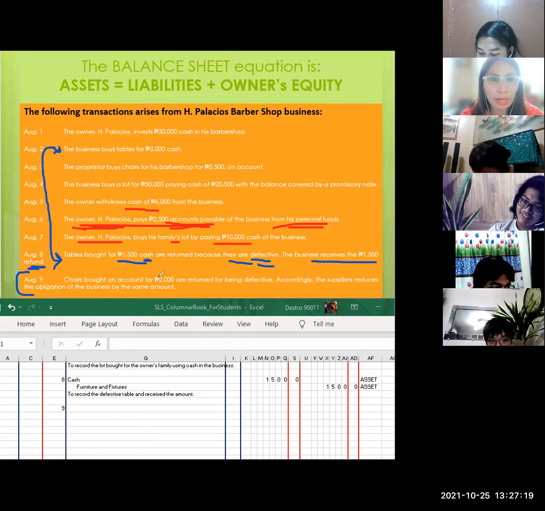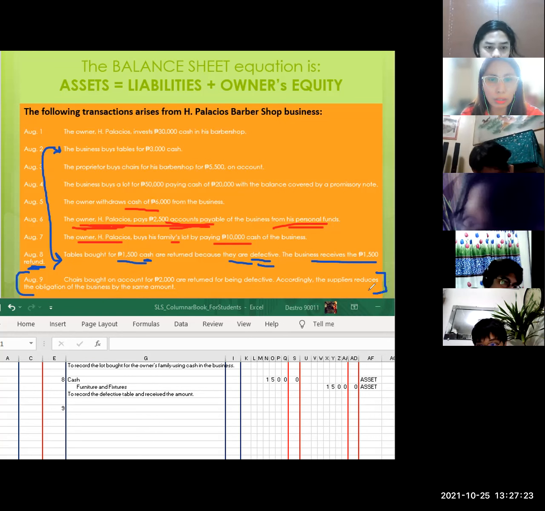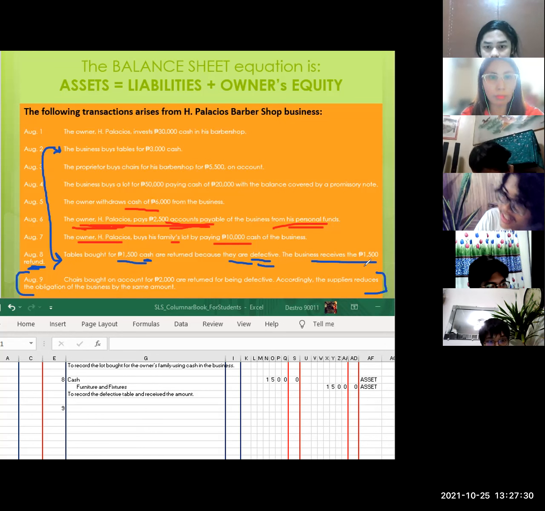Mr. De Jos, kindly read the transaction. Shares bought on account for 2,000 pesos are returned for being defective. Accordingly, the supplier reduces the obligations of the business by the same amount.